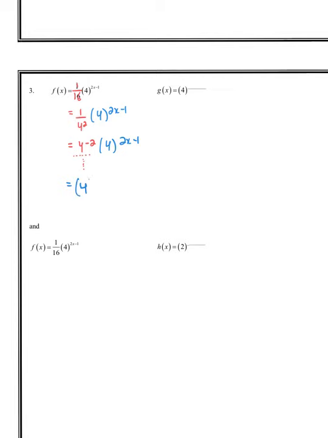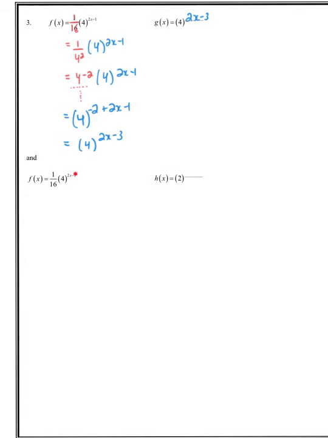Write that as one base, base 4, and then I'm going to add the exponents: negative 2 plus 2x minus 1. So that's base 4, and collect like terms: 2x, negative 2, take away 1 is negative 3. So the g of x function that has base 4 has the exponent 2x minus 3.